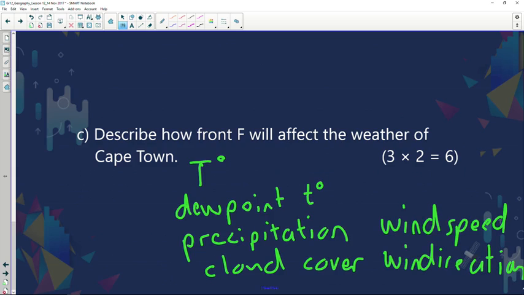Now, what do we know? Cape Town is affected by cold fronts usually during the winter, and the climate we refer to is Mediterranean climate. So what's going to happen if this front moves over Cape Town? What's going to happen with the weather? Now, first of all, it's a cold front approaching. What's going to happen with the temperature? The temperature is going to decrease. What's going to happen with the dew point temperature? It's also going to increase because the chances for rain is going to be very good.